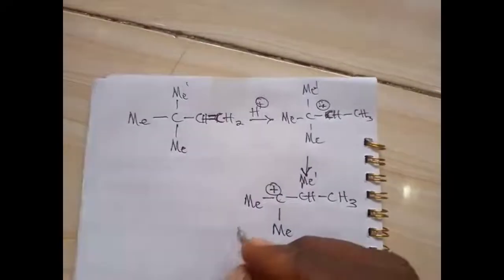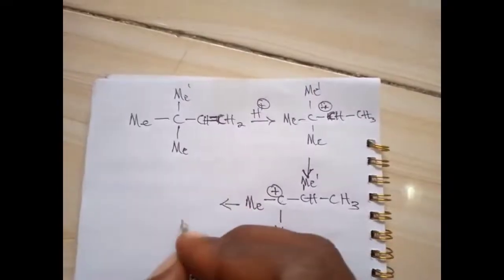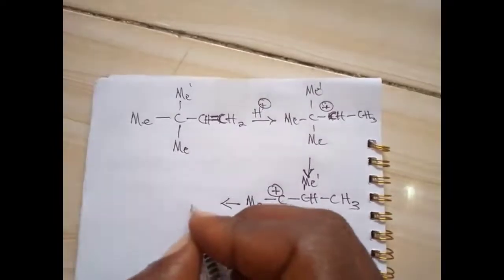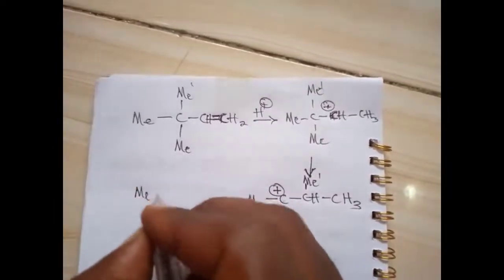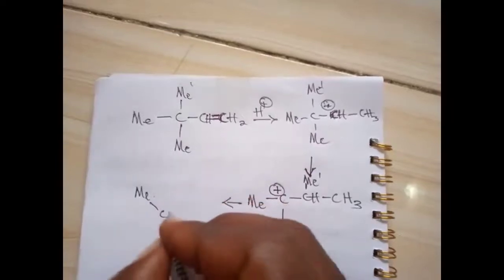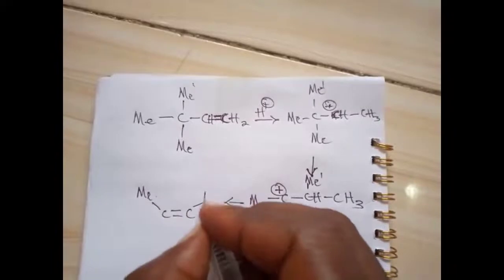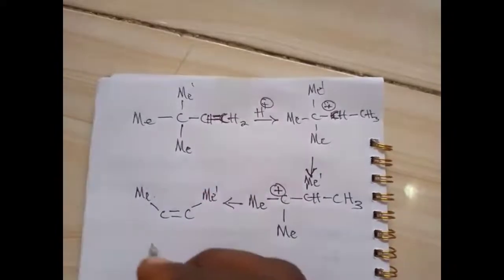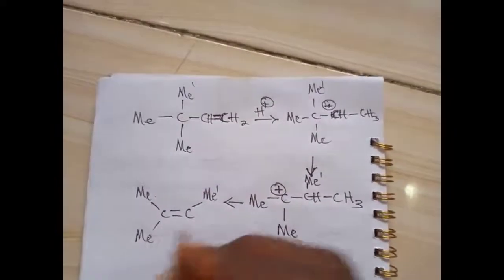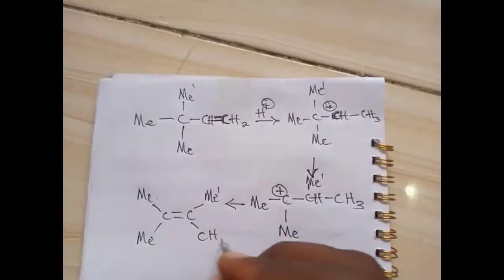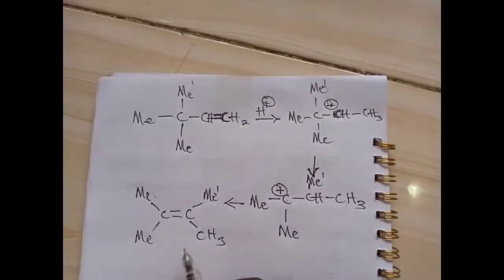It can also rearrange again, and we can have something like this. Double bond will form again. And you can get this.